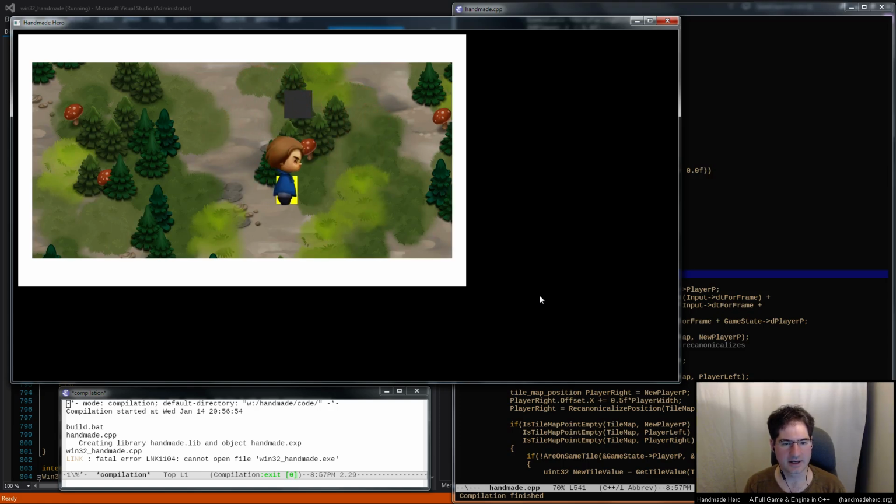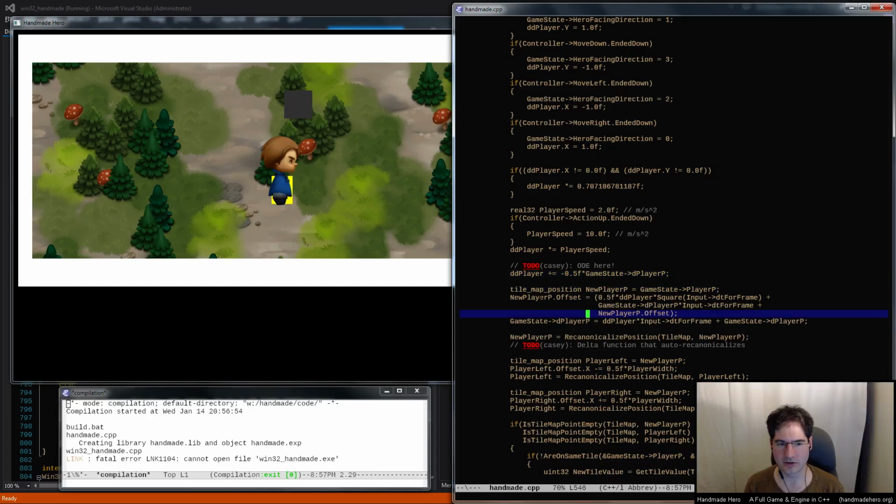That's not bad. Now I feel like he's still a little sluggish, though. I think maybe this acceleration is a little too slow. So I'm going to jack that acceleration up a bit, and then maybe I can make this guy a little bit higher. Let's find out.